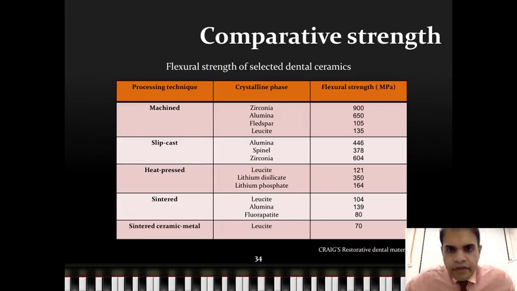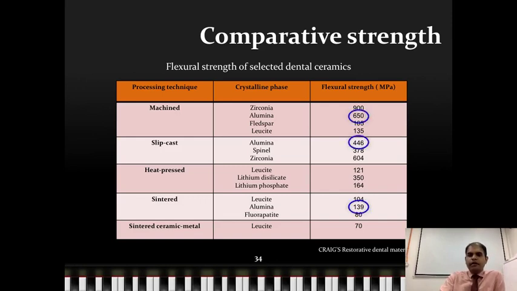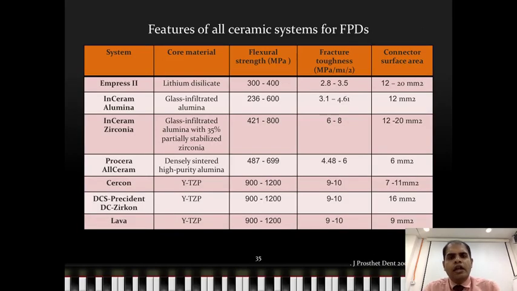The last factor is the compressive strength. We can see that among all the ceramic systems, in all processing techniques, alumina has the highest flexural strength in megapascals. Another thing is the surface area of the connector. It is taken into consideration while fabricating multi-unit restorations.